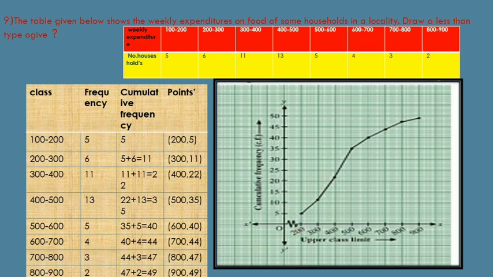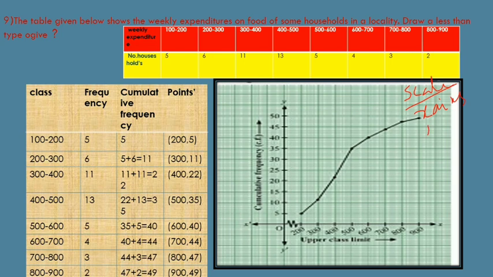Take the upper bounds and the cumulative frequency. What is the upper bound? 200, 300, 400, and so on. Locate the points and you can get the graph like this.